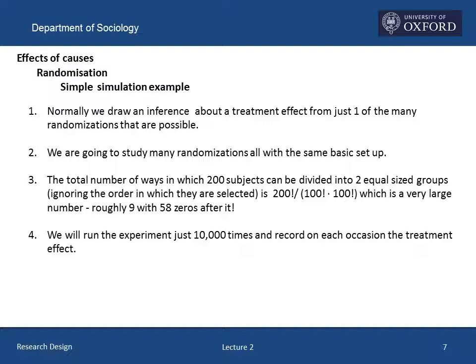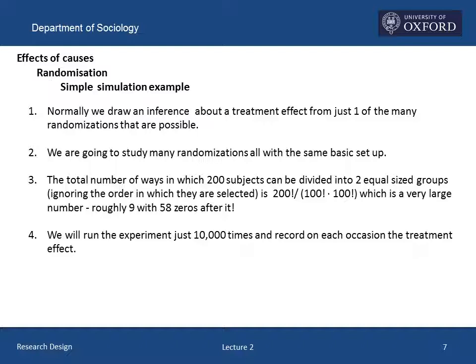In principle, it would be possible to exhaustively examine all possible allocations of 200 subjects to two equal-sized groups. There are 200 factorial divided by 100 factorial times 100 factorial unique different ways in which 200 subjects can be allocated to two same-sized groups.